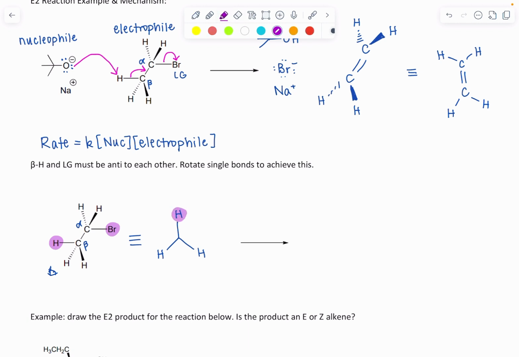So there's that anti-hydrogen. And then if you draw the rest of the Newman projection for the back carbon, the bromine would be pointing straight down. Hydrogen and hydrogen. And then this is how we know which hydrogen to remove and that it's in the correct orientation. So a little note here, this is anti to leaving group.